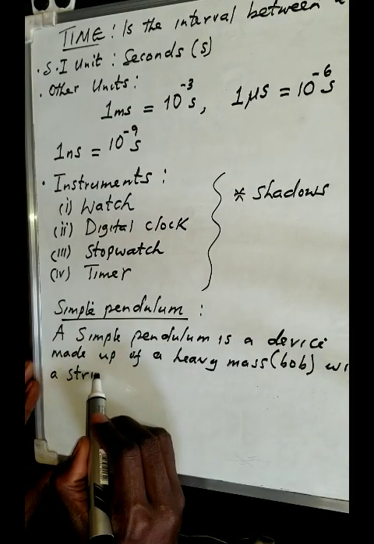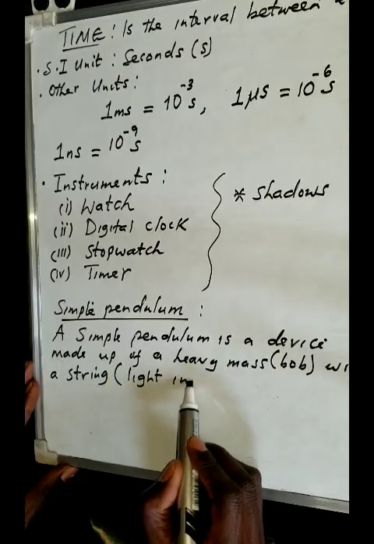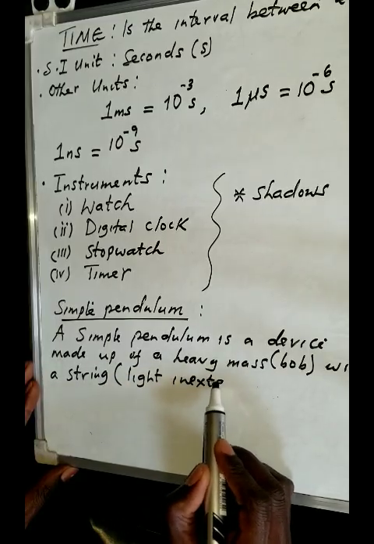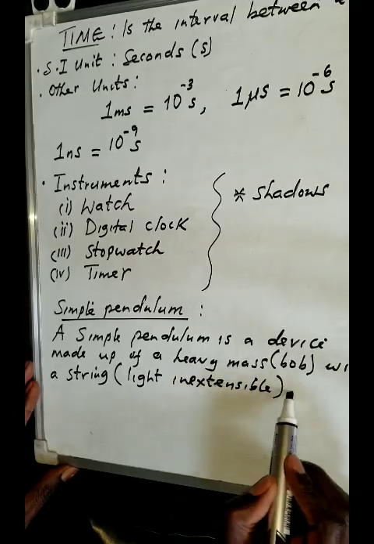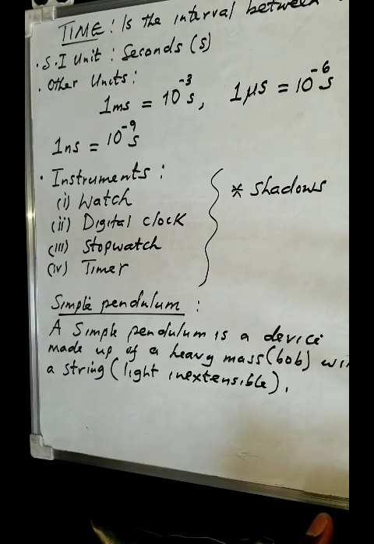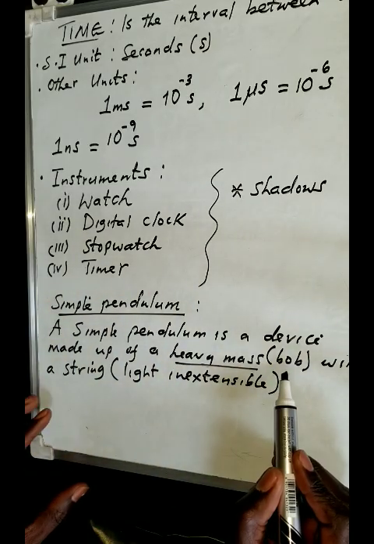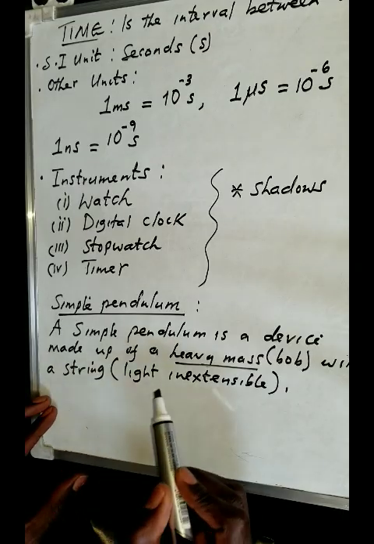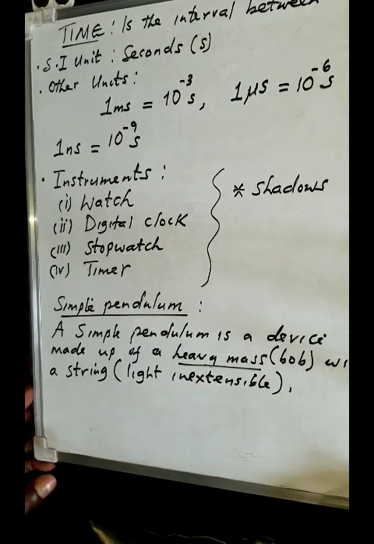But this string is a light inextensible string that we're talking about, meaning it doesn't stretch. It is very light, and also it is inextensible. You cannot extend it. So a device made up of a heavy mass, and that heavy mass is what we are going to be referring to as being a bulb with a string, a light inextensible string. That is what we simply call as being a simple pendulum.